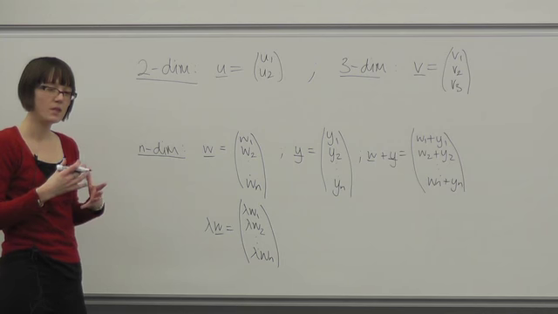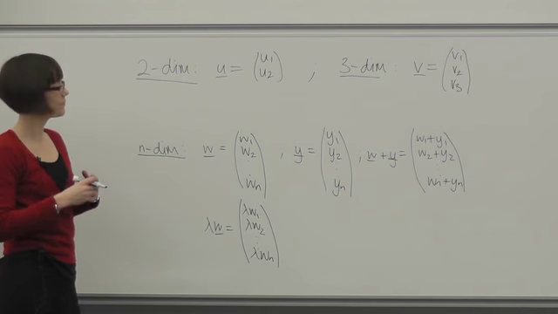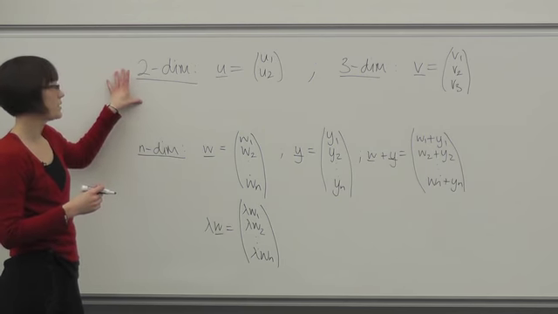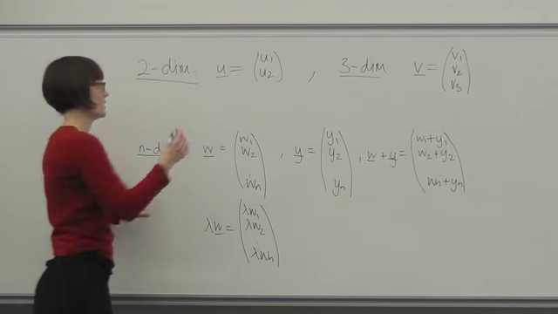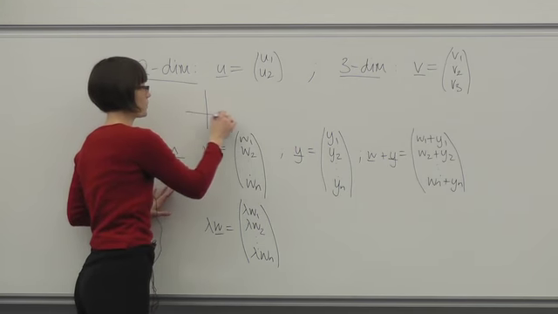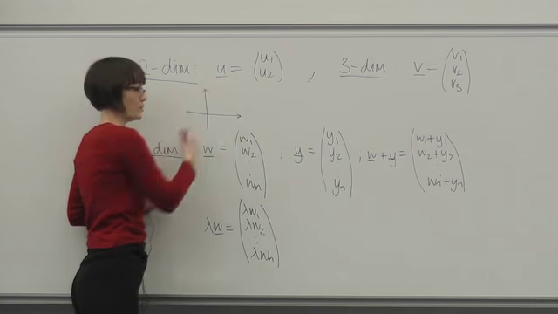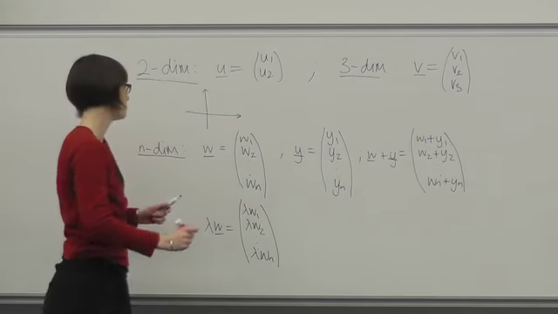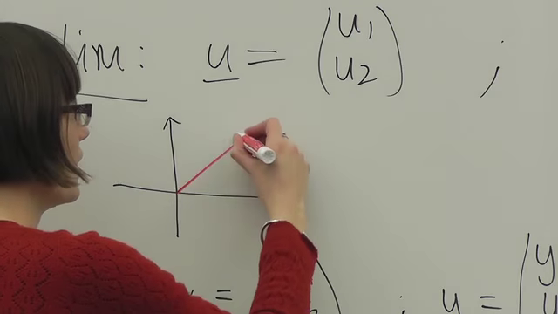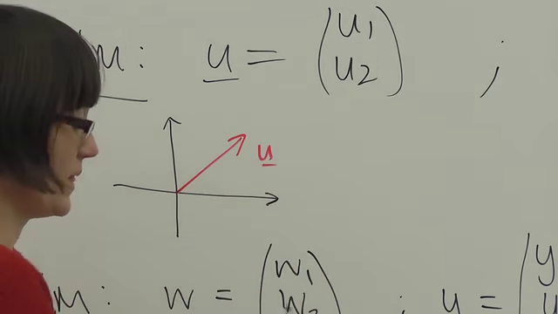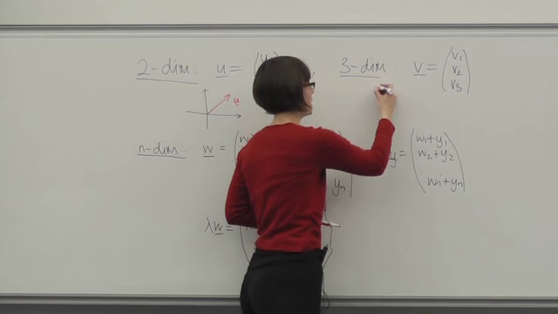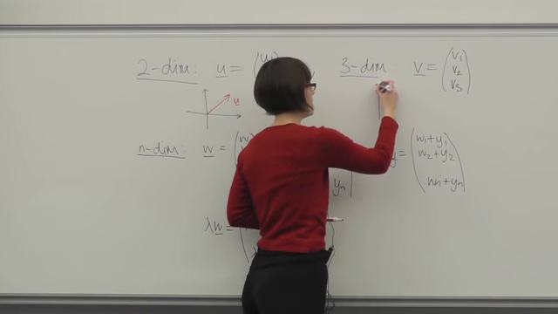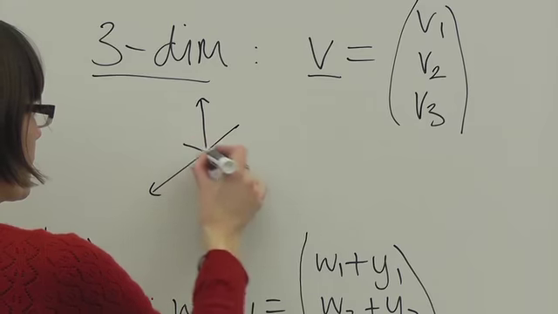But what about if we want to think about some geometric intuition? Well, remember, we think of 2-dimensional vectors as sitting in 2-dimensional space. That is the space with 2 coordinates that we usually call x and y. And we think of 3-dimensional vectors as sitting in 3-dimensional space.